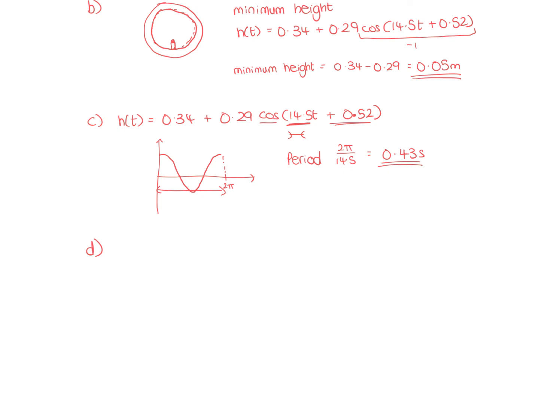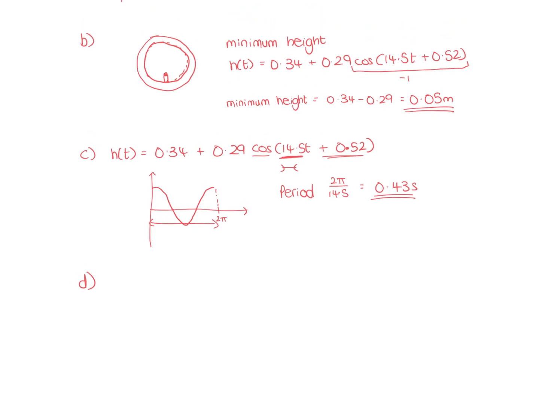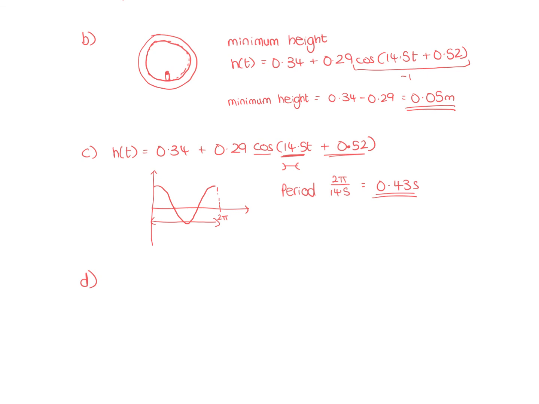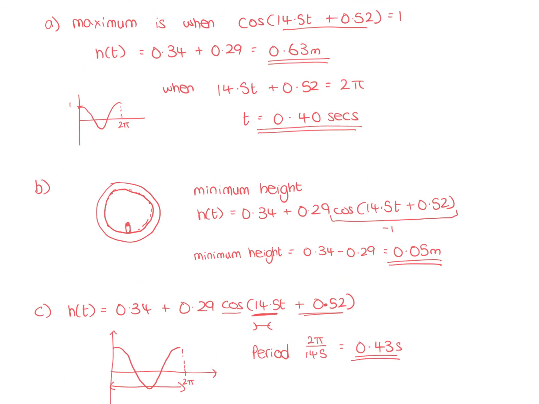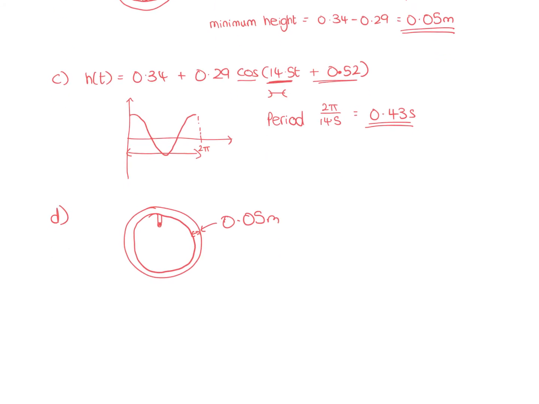So we discovered that if I have my tire, so let's imagine this is my tire, and we discovered that this distance here, so basically the width of the tire is 0.05 meters.